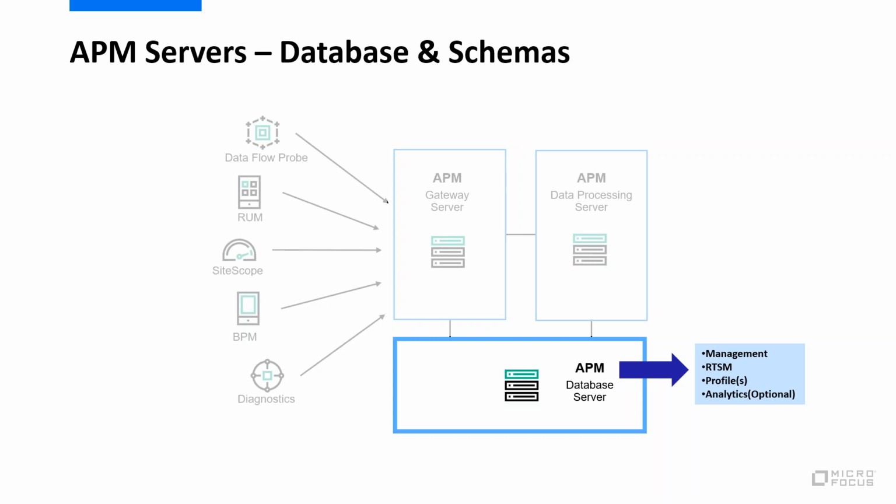And RTSM is a schema that is, as we are having a product shipped with APM called UCMDB, the minimal packages are available with RTSM. So here we are also installing the RTSM schema with our APM. This is responsible for having the CIs and the relationships between them.